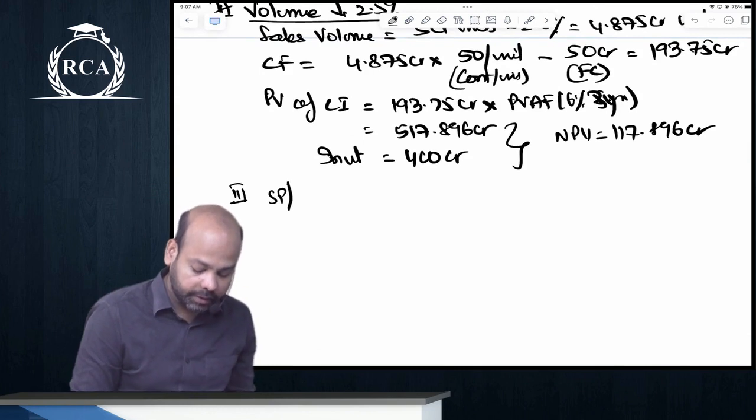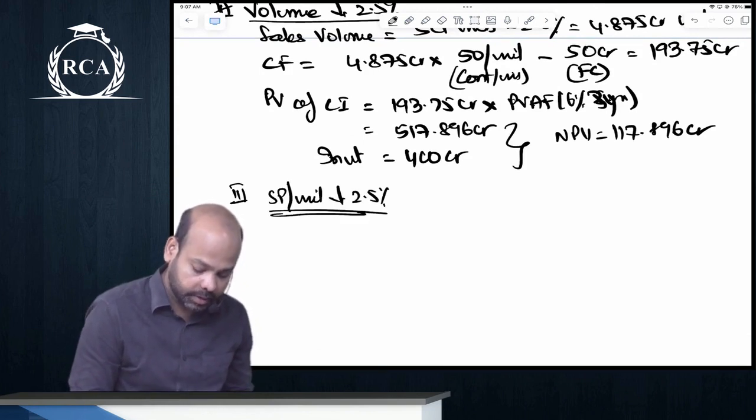Third case is where selling price per unit beta reduces by 2.5%.